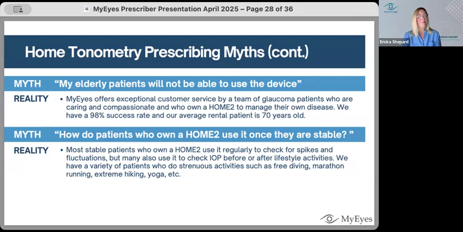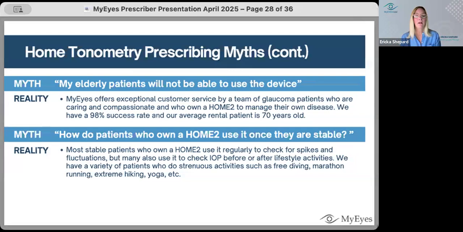So thank you for reminding me of that, Dr. Roscoe. So my elderly patients will not be able to use the device. I can tell you that our maximum patient age is 102. So she used it. She had a helper. She had her daughter help her.